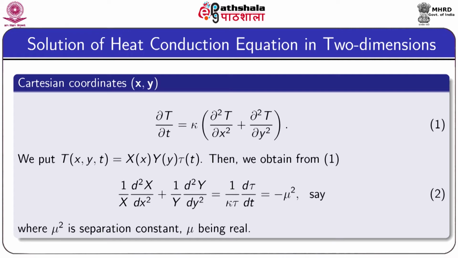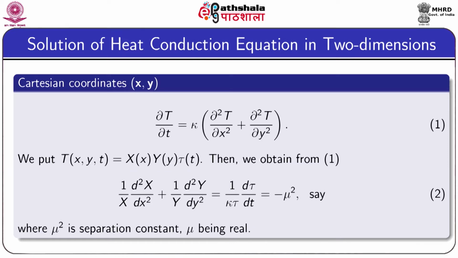For that, we write the solution capital T as a product of three functions, capital X, capital Y and tau, which are functions of small x, small y and small t respectively. Now if we substitute the value of capital T in 1, we get an equation which is written as equation number 2.